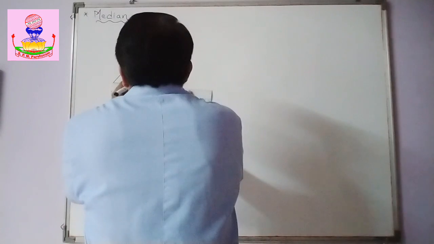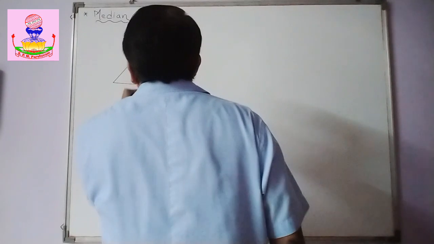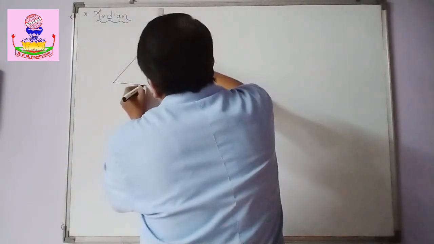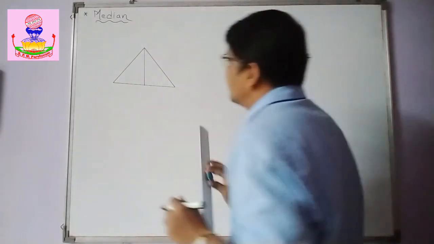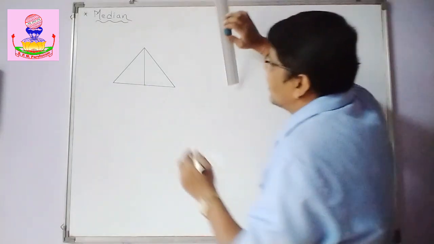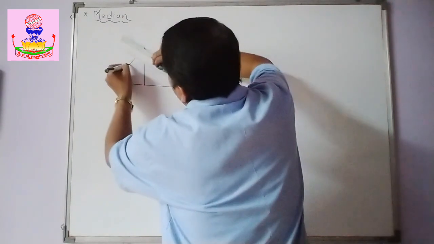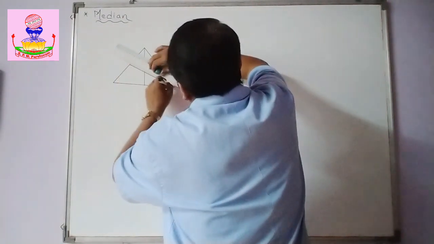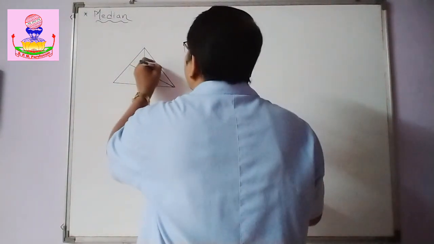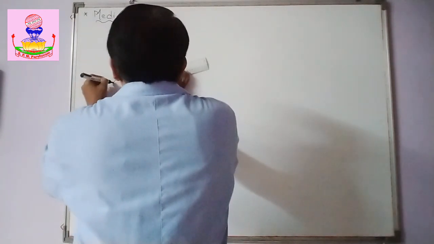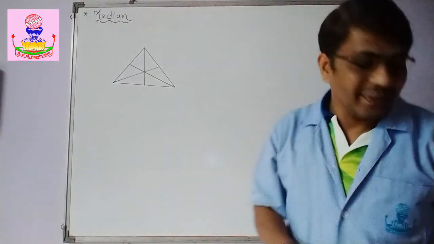Somewhere here the midpoint is. Now these are approximate. So I am joining here to this particular opposite vertex. Okay. Now this is the second median. Okay, and this is the third median.